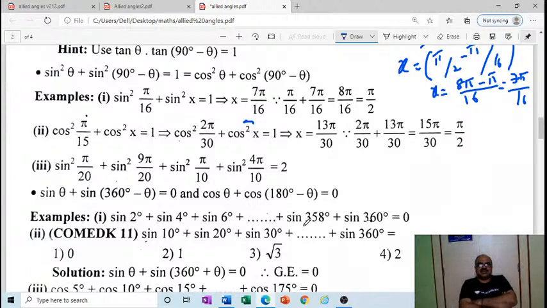Take x is equal to pi by 2 minus pi by 15. LCM would be 30. So 2 into 15, it is 15 into pi is 15 pi minus 15 into 2, so it is 2 pi.